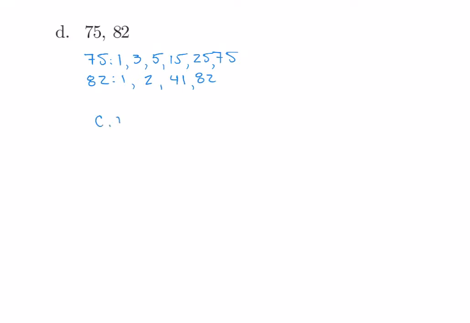Our common factors, the only number that appears in both lists is 1, and so this is also our GCF. GCF is 1. This is not a term that you need to know, but when the largest common factor is 1, we actually refer to this as relatively prime, meaning that they have no common factors other than 1.